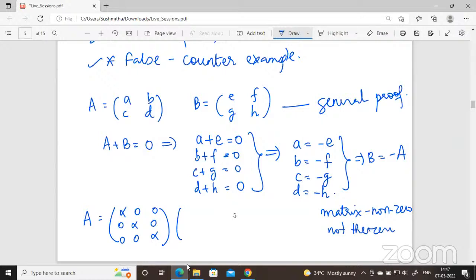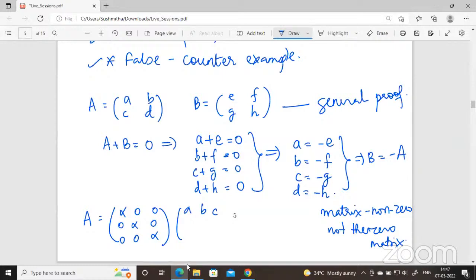It will be the zero matrix when all the entries are 0. So it will not be the zero matrix if at least one entry is non-zero. A matrix is non-zero when it is not the zero matrix.